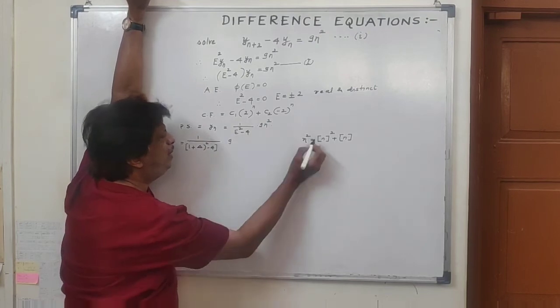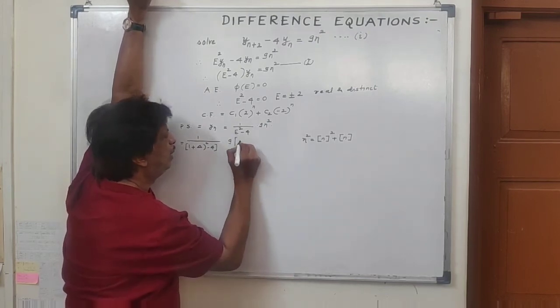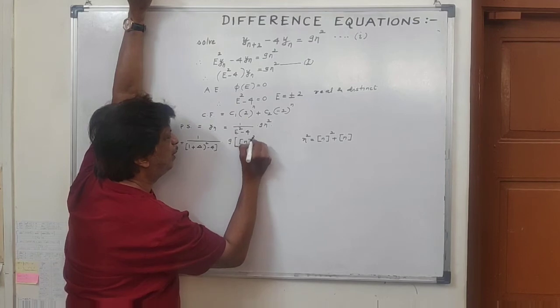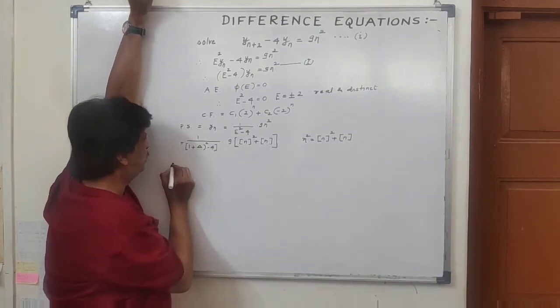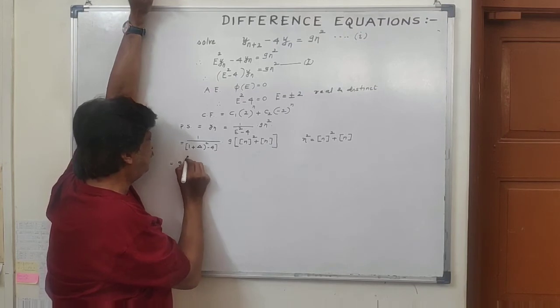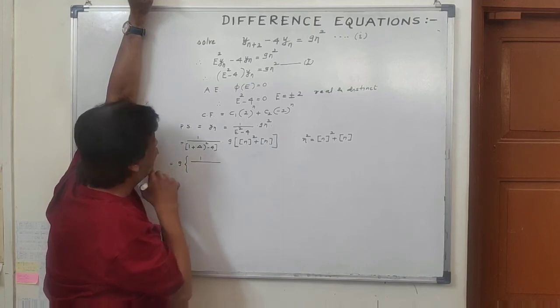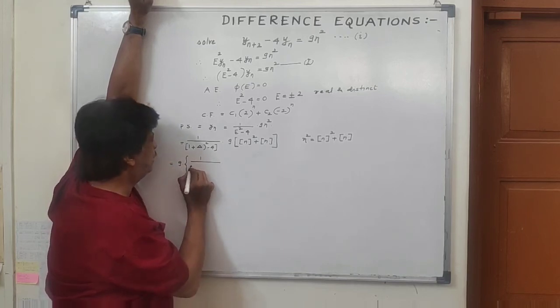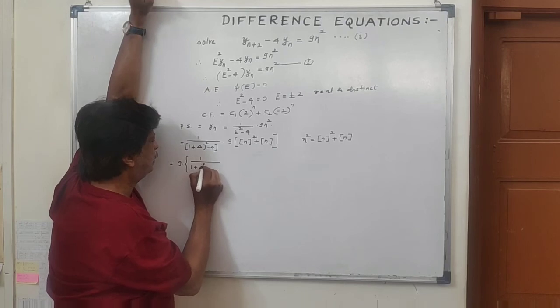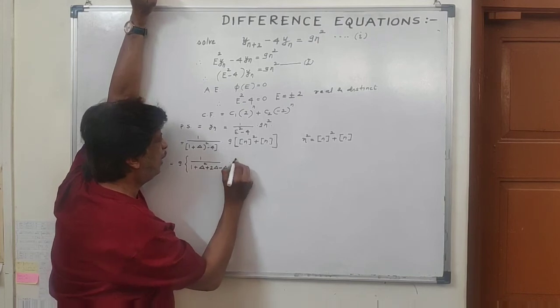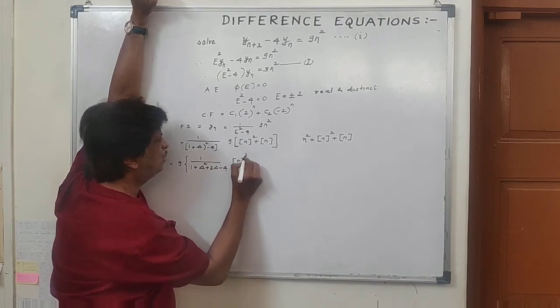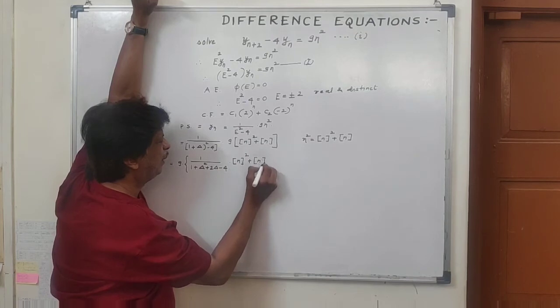So 9, writing the value of n square in terms of factorial notation, is equal to 9 times 1 upon 1 plus delta square plus 2 delta minus 4 operating on factorial n square plus factorial n.